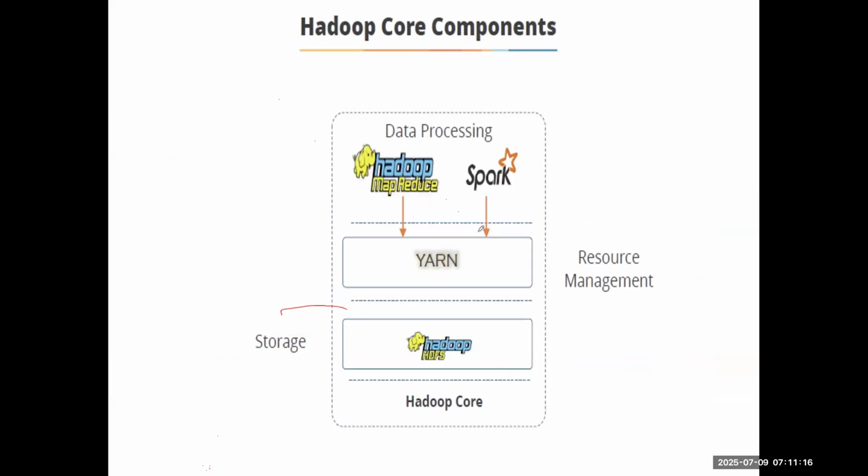Whenever you run things, it is something like this: we are not covering MapReduce now, we are just covering Spark. See this Spark, and this is the resource manager. We saw this, right? And this is Hadoop.